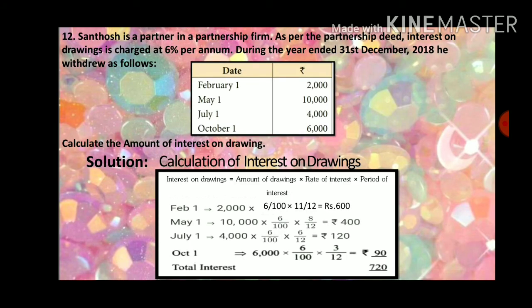Then go to exercise number 12. Santosh is a partner in a partnership firm. As per the partnership deed, interest on drawings is charged at 6% per annum. During the year ended 31st December 2018, he withdrew as follows: February 1st 2,000, May 1st 10,000, July 1st 4,000, October 1st 6,000.